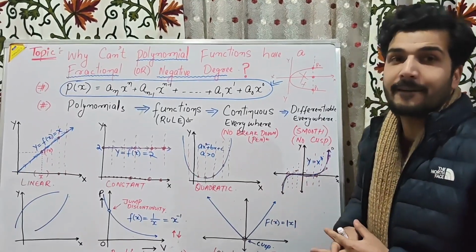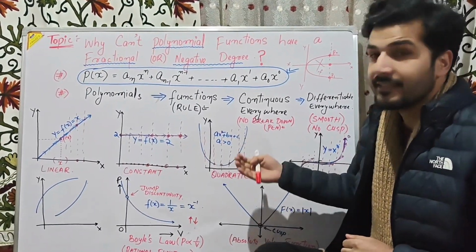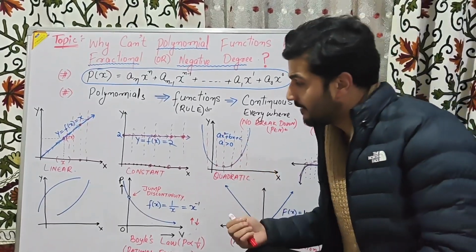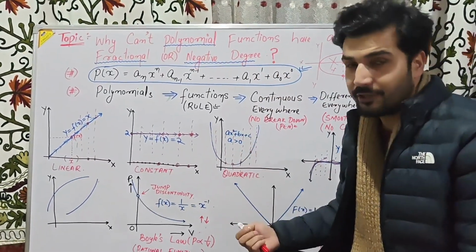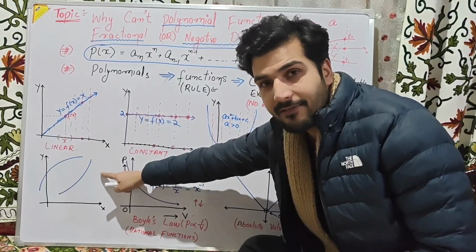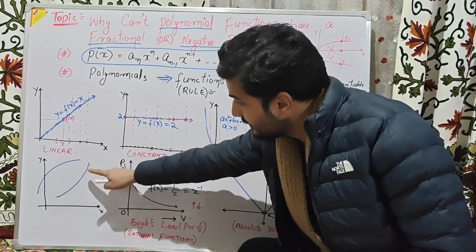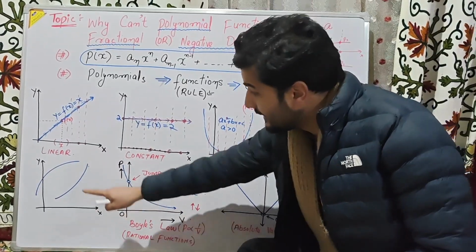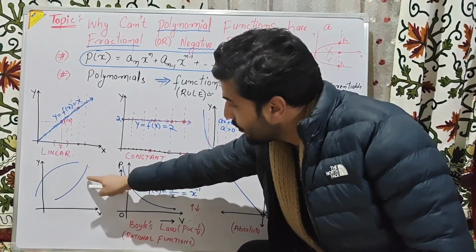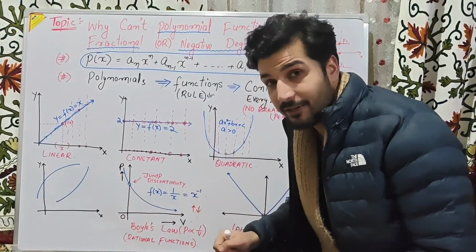Now let's take another example. Let's take another graph of a polynomial function. This is the graph. But from this graph, it can be clearly seen that this is discontinuous. This is not the graph of any polynomial function, right? Why?